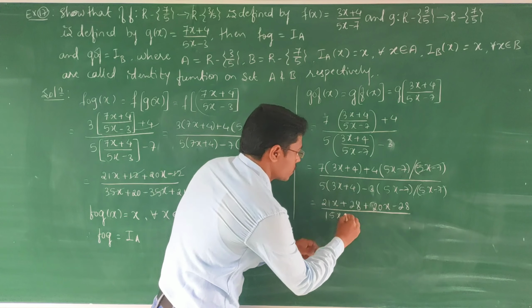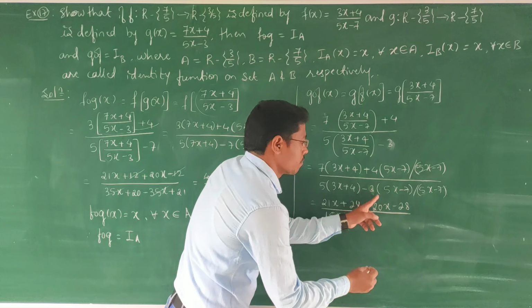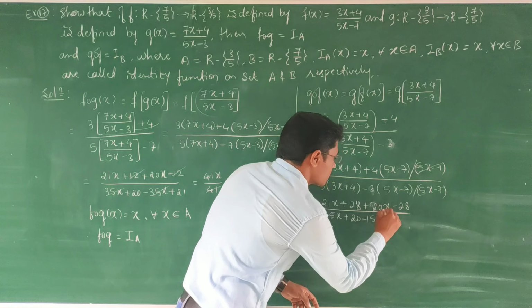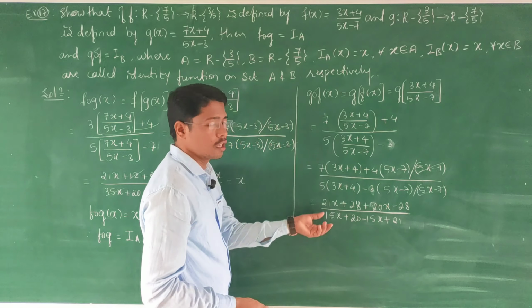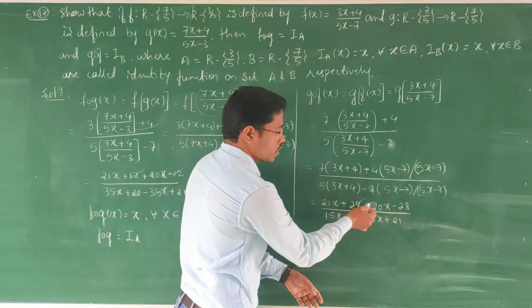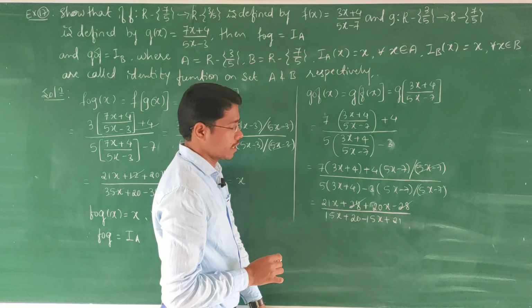Now 35x plus 20 minus 35x plus 21, right? In the numerator, plus 12 minus 12 will get cancelled.